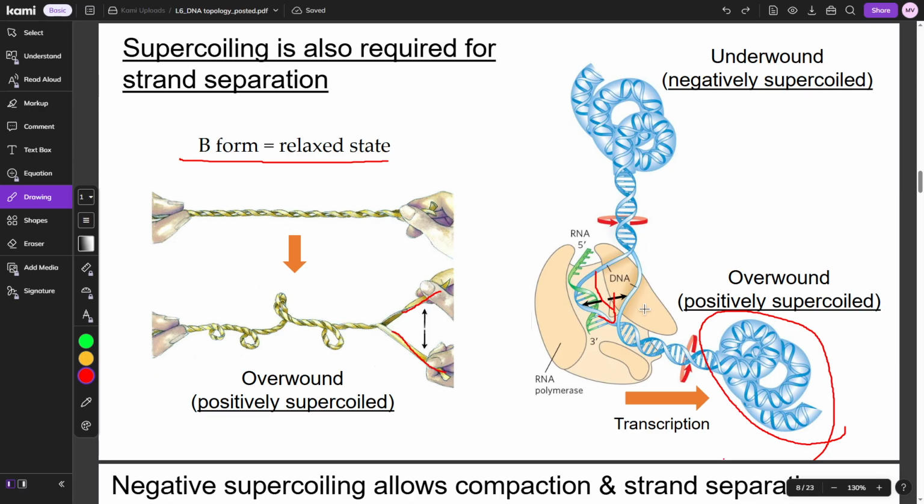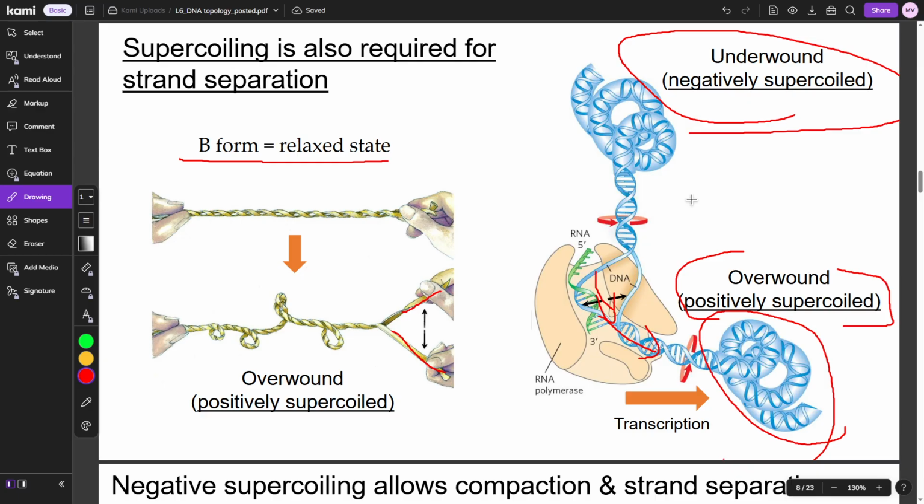That's what's happening here. You're basically pushing this, and this becomes overwound, very positively supercoiled, and then if this becomes positively supercoiled, then this has to be negatively supercoiled. Basically, what happens to one must have an opposite reaction from the other one, if you want to think of it like that.